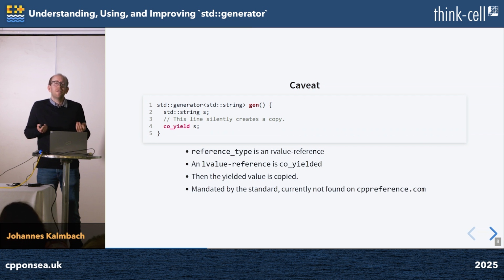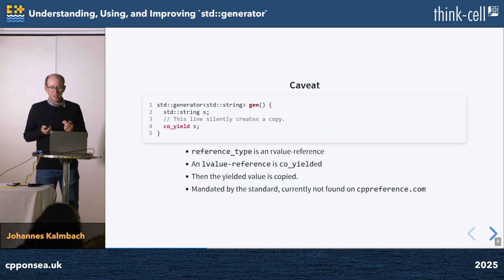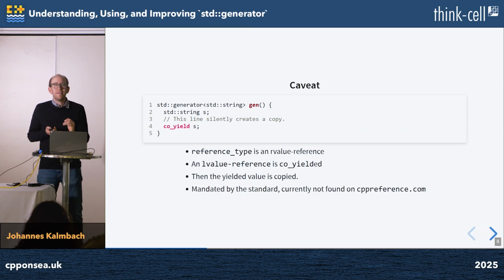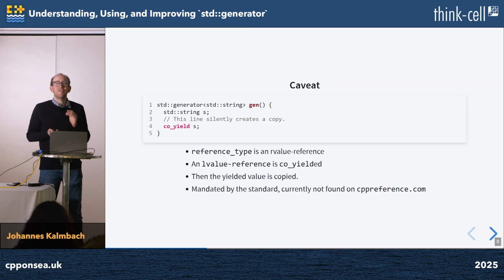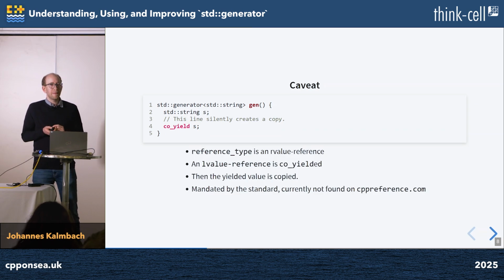The alternative semantic, which you could argue would also be possible, is that it does not compile, and you would have to state the copy explicitly. But it has to be somewhere. This is explicitly in the standard, but I should probably write to cppreference.com, because at the time I last checked it was not written there, and it's something people should know, because if you use C++, you want to know when you silently copy possibly expensive-to-copy types.